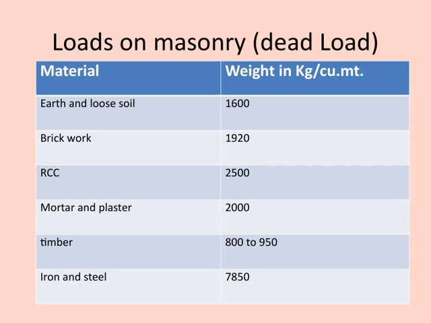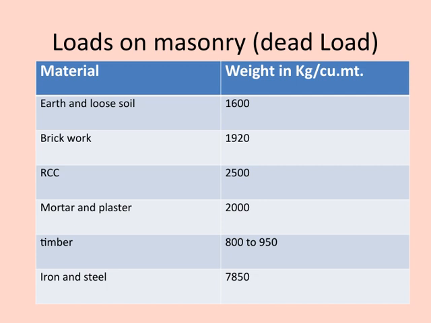Mortar and plaster come in at roughly 2,000 kg per cubic meter, and timber ranges between 800 to 950 kg. It's important to note that iron and steel are much heavier, at about 7,850 kg per cubic meter. This variation in weights helps us understand how different materials contribute to the overall dead load of a structure.